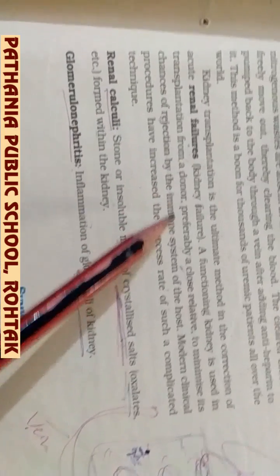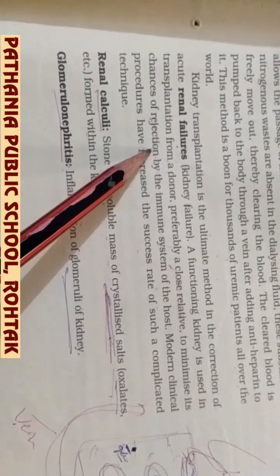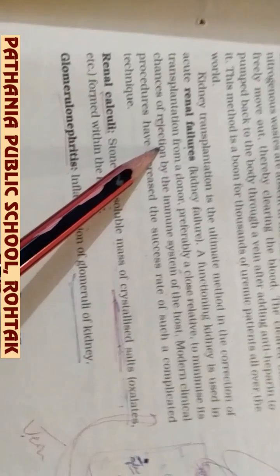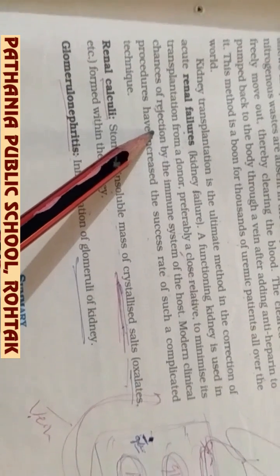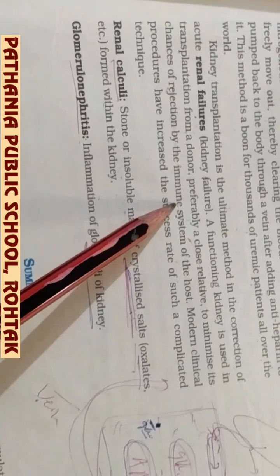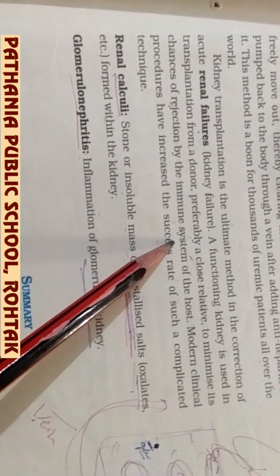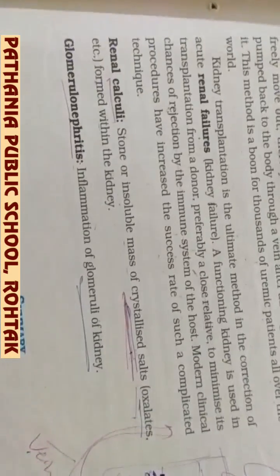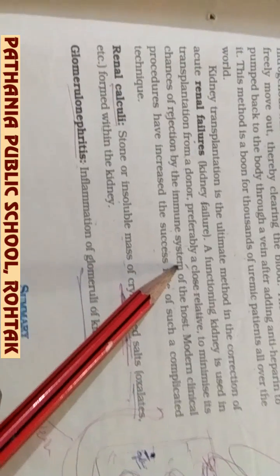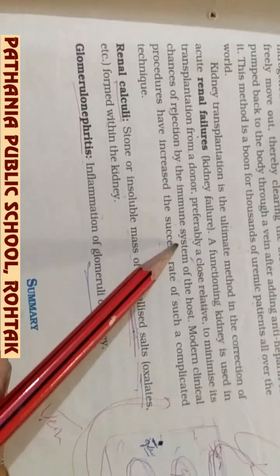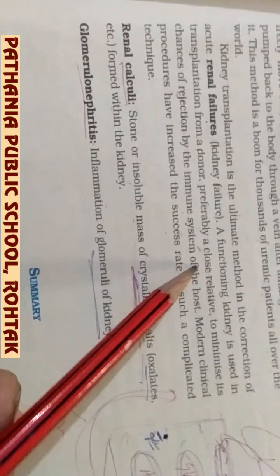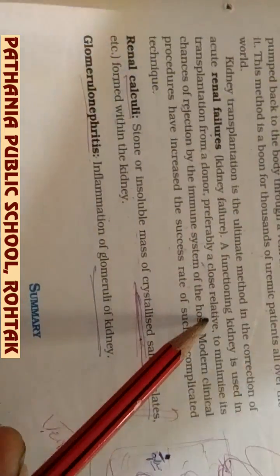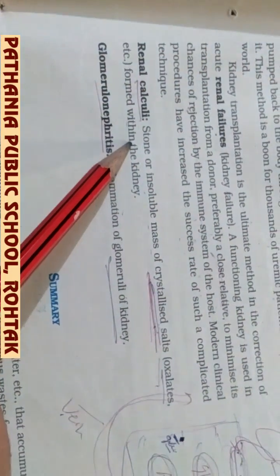Because if an organ of a person not matching the patient's body is transplanted, then the immune system gets triggered and unfavorable immune responses are shown by the body. So before transplantation, it is very necessary that it should be matched, or rather donated by a close relative only.